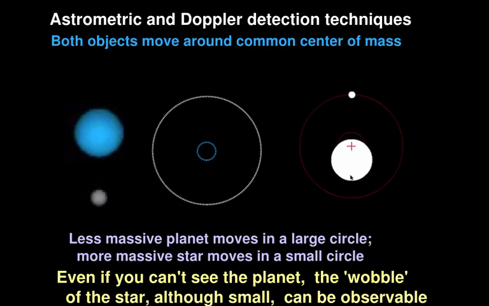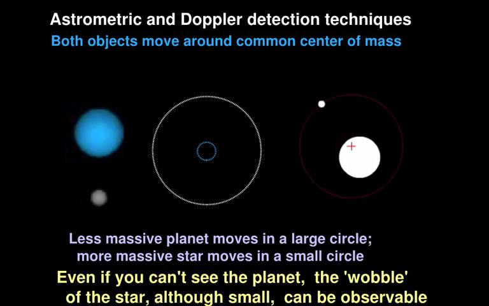Notice that the star is on this side of the red plus sign, and the planet's on that side, and that's always going to be true. So as this planet moves, that means this star too has to move. So let's watch it move.